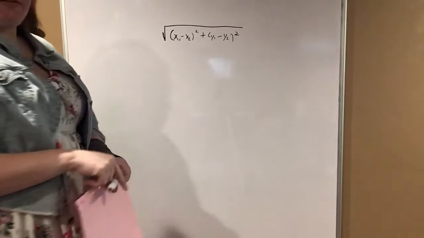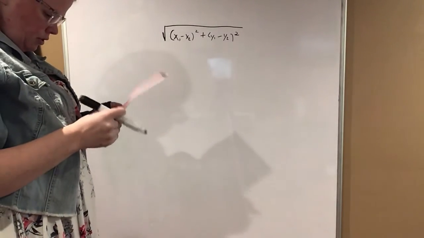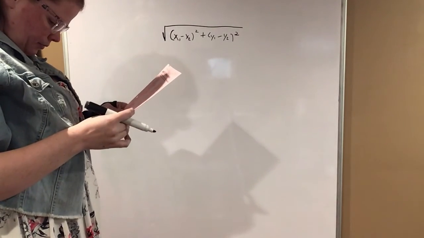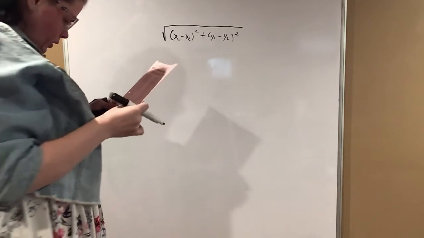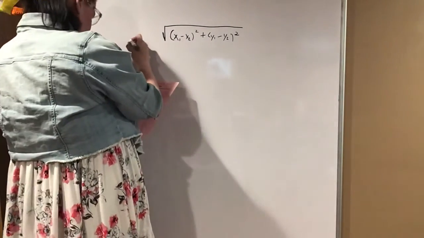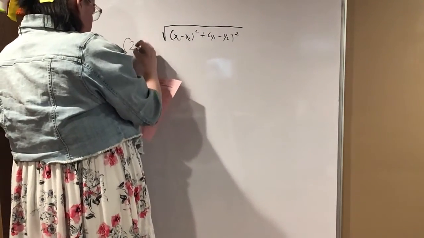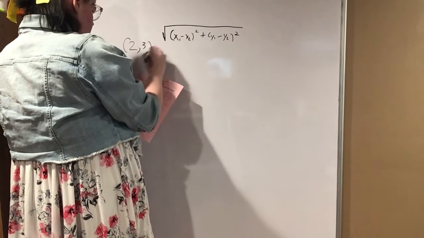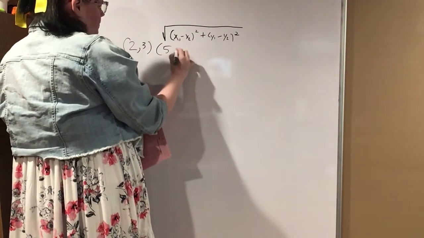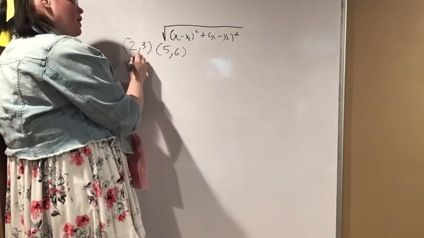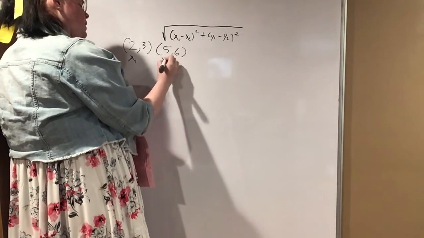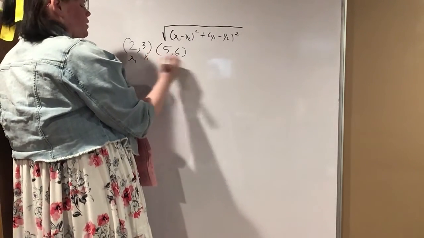I'm trying to frame this better as I do this, so just saying. Let's do one where we're given 2, 3, 5, and 6. Here's my x1, my x2, my y1, and my y2.